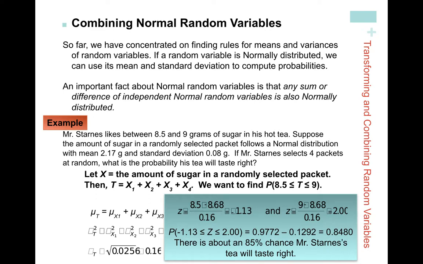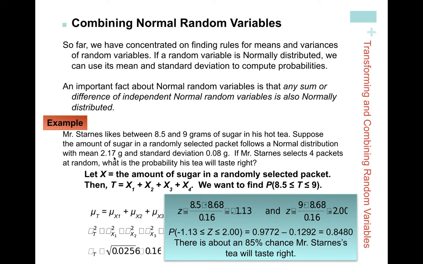We want to find the probability that the total amount of those 4 sugar packets is between 8.5 and 9 grams. And we know that each packet has a mean of 2.17 and a standard deviation of 0.08. So what would the mean and standard deviation of 4 packets be?